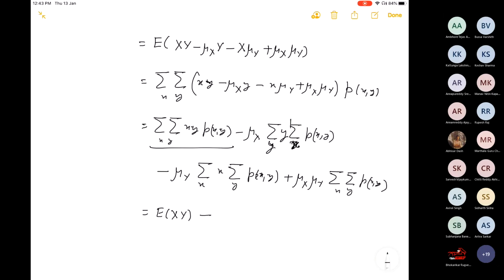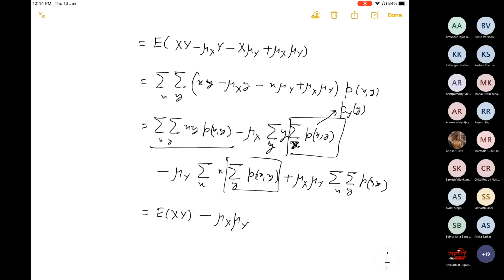And can anyone tell what this value is equal to? If I sum the joint probability mass function over x, what will I get? The marginal of y. Yes, so we will get the marginal of y, and so we have the summation of y p(y), that is mu y.